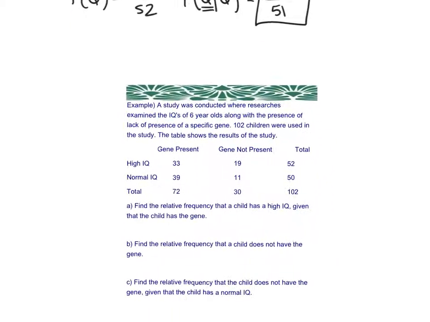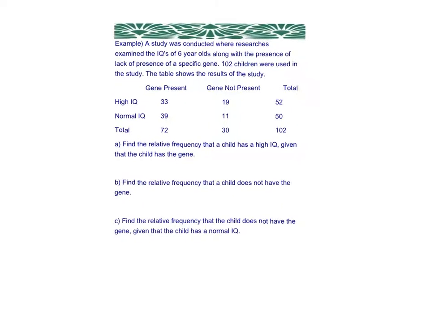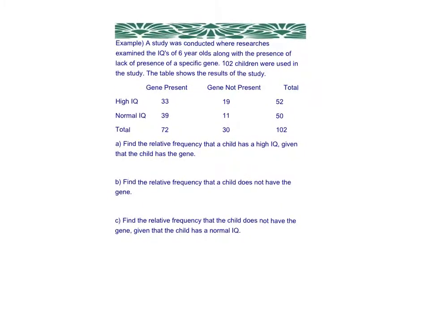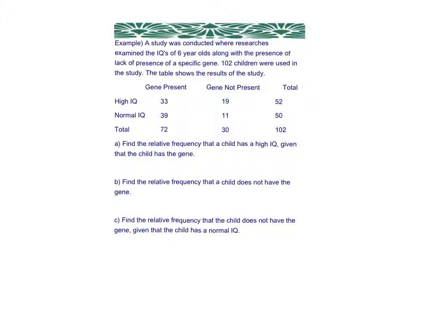All right, I believe this is going to be my last example here before I cut you loose to work on the problem set. So a study was conducted where researchers examined the IQs of 6-year-olds along with the presence or lack of a presence of a specific gene they were looking at. There's 102 kids that were used in the study, and the table outlines the results. So you can see children who tested for a high IQ or a normal IQ, whether the gene is present or not present.